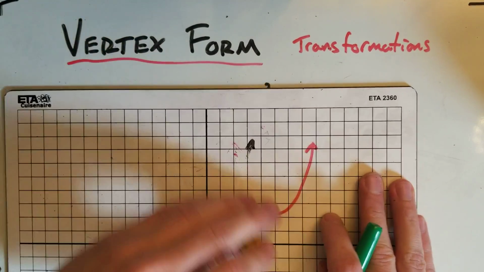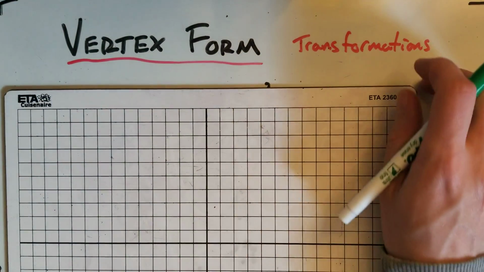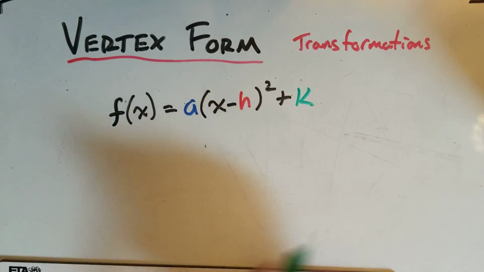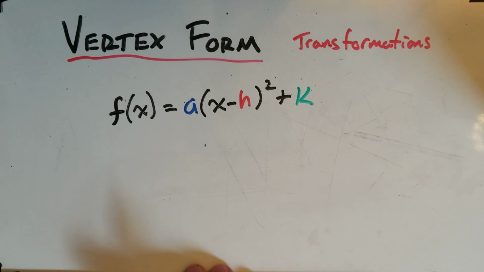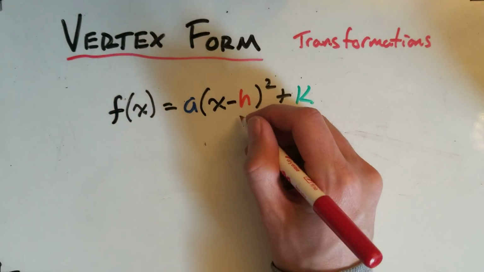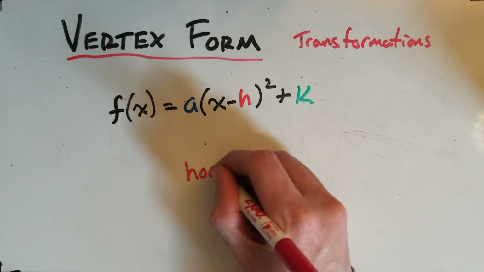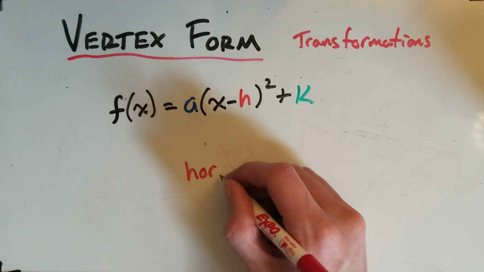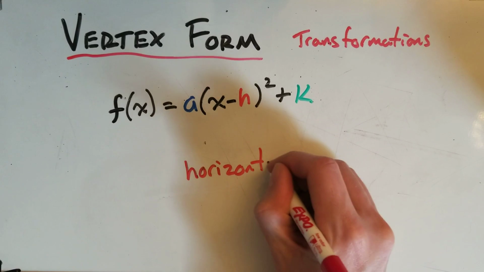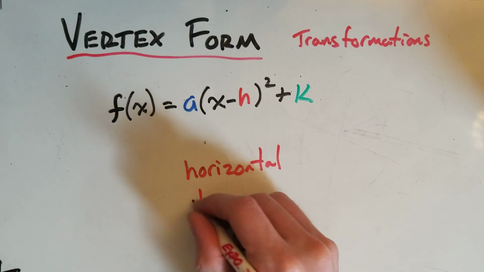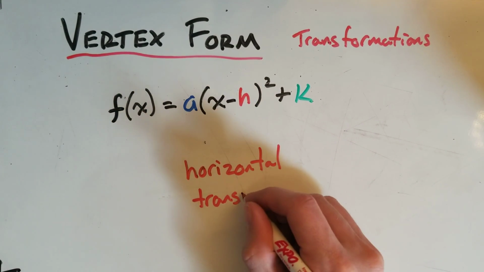And when it comes to our equation, the two things that tell us what type of translation we have are right here. Our h is going to tell us the horizontal translations, how far left or right you're going. So h, I'll color code in red, is going to be our horizontal translations, if we're moving left or right.